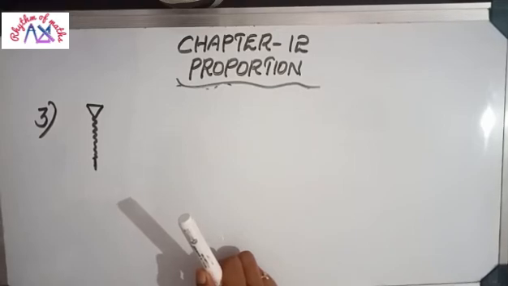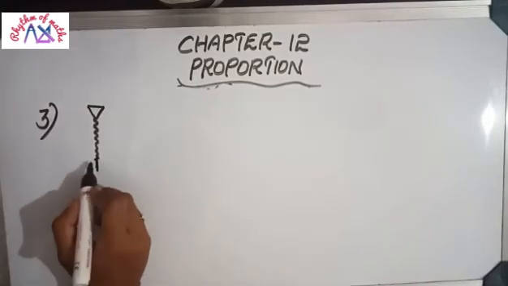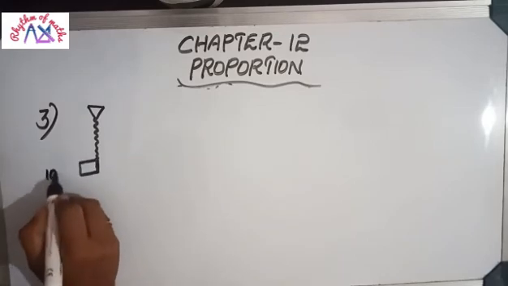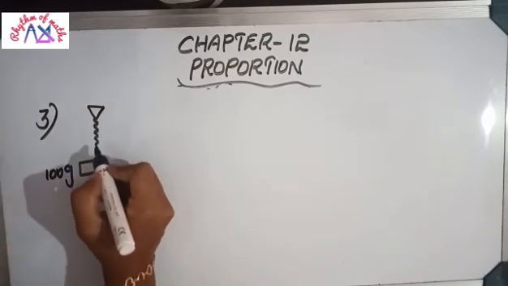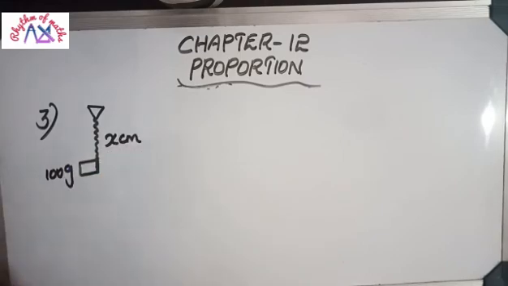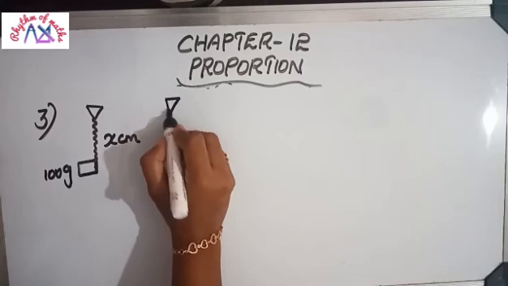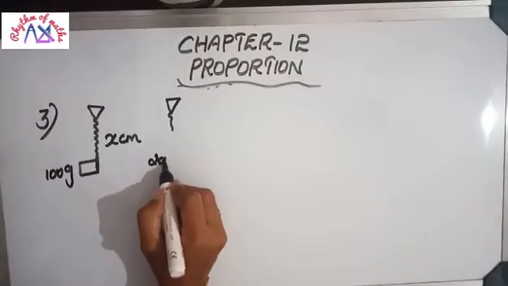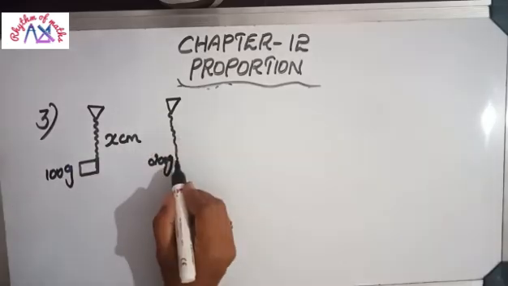Now here, suppose we are placing a 100 gram weight, the extension is suppose x centimeter. Now again, if we are placing a 200 gram weight, what will be the extension?